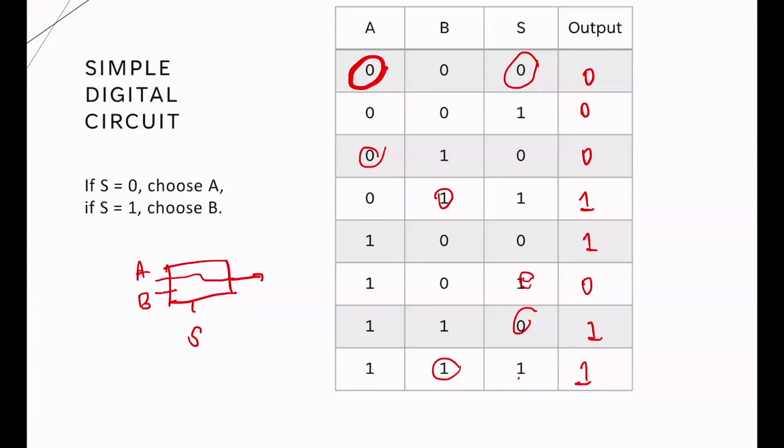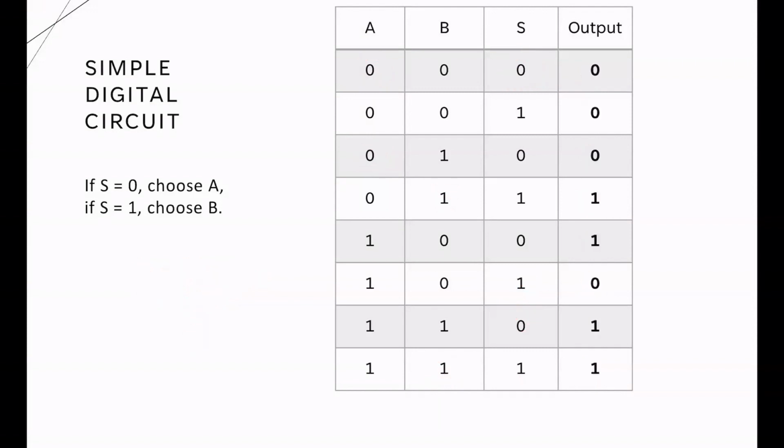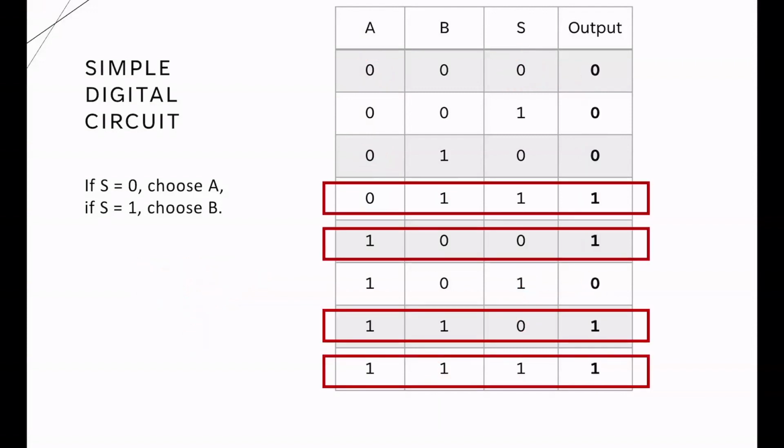From the truth table, we write down the equation of the output. The output is going to be 1 when A, B, and S are 0, 1, 1.